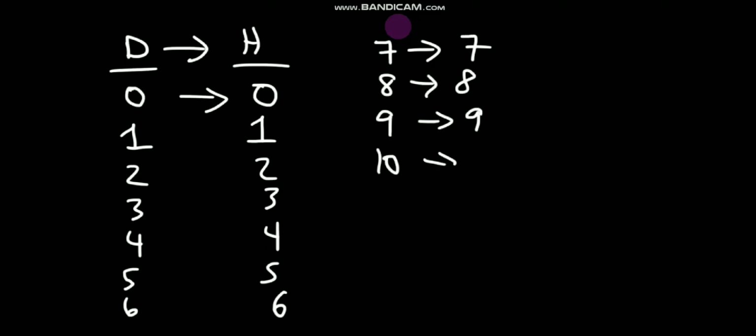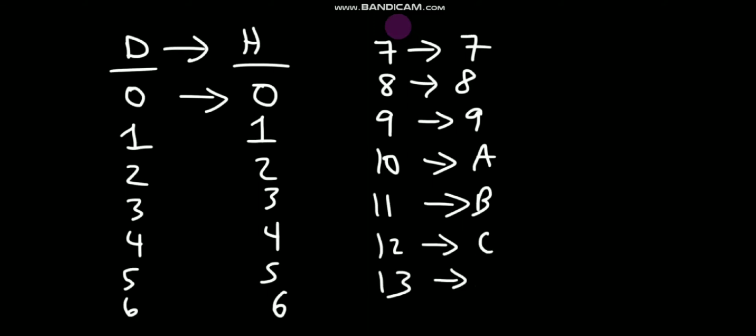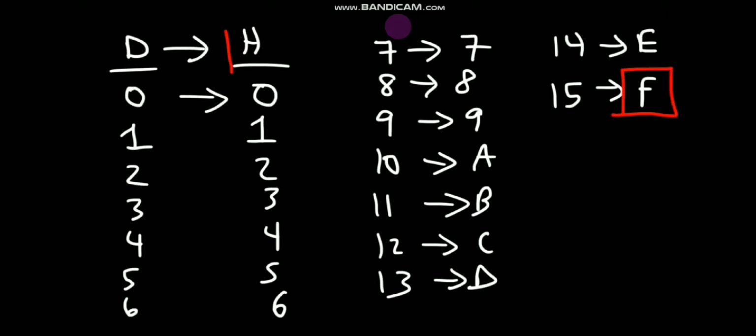But what about 10? 10 is A, 11 is B, 12 is C, 13 is D, 14 is E, and 15 is F. So these codes, these symbols we must remember, and F is the final symbol in this hexadecimal system.